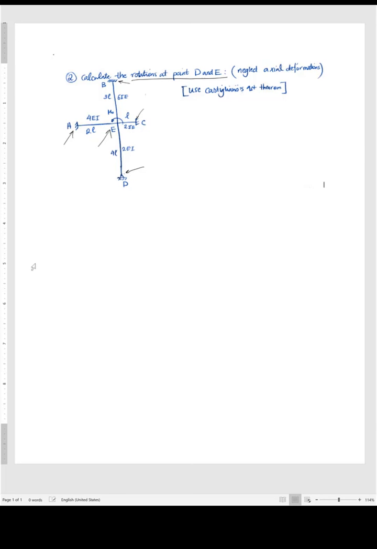Because they are fixed. So all the degrees of freedom that you have are theta E and theta at D. So you have 2 degrees of freedom, right? So your U should be a function of theta E and theta D, right? All right, so let's start.